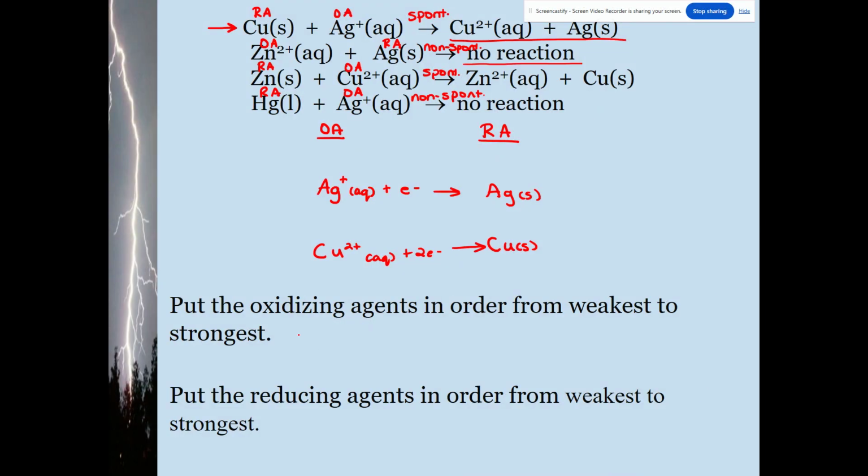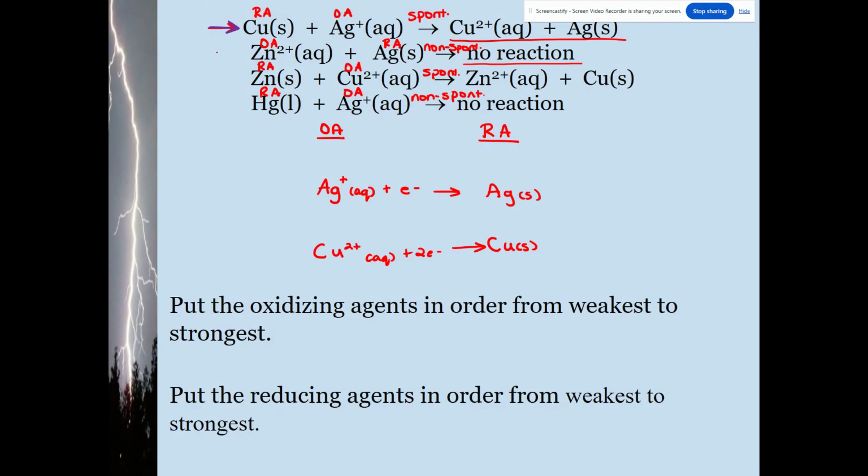So based on this first reaction, I knew the relative height of the silver OA must be higher than the copper as an RA because it was spontaneous, and that's what the spontaneity rules state. So there are the relative heights of those two metals.